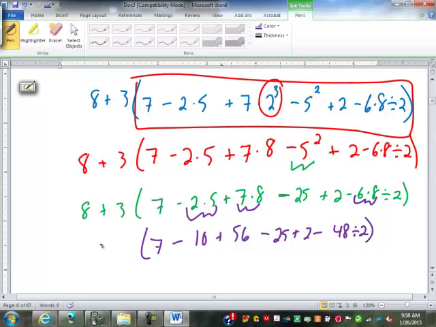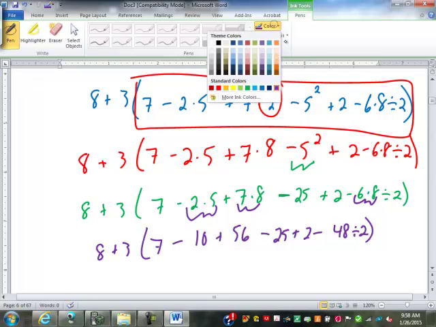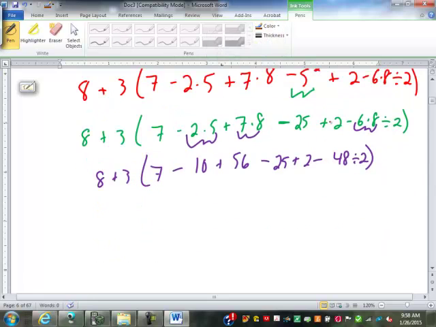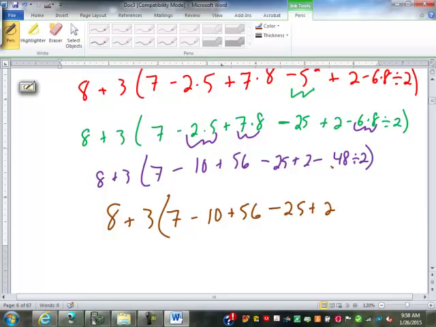And I still have to come back and hit the divide by 2. 48 divided by 2 is 24. What goes in front of the 24? Still being subtracted, so it's minus 24.